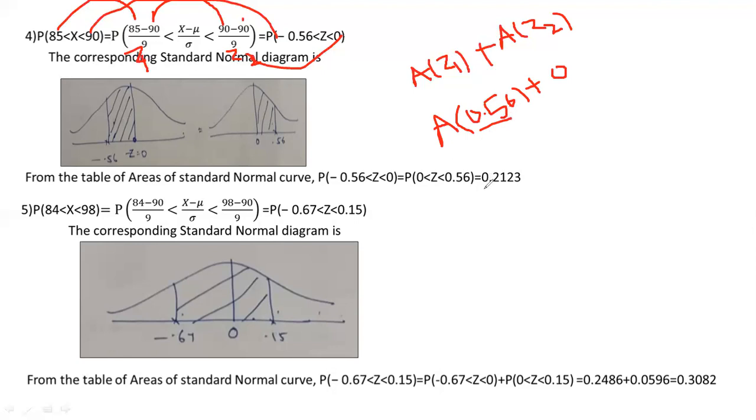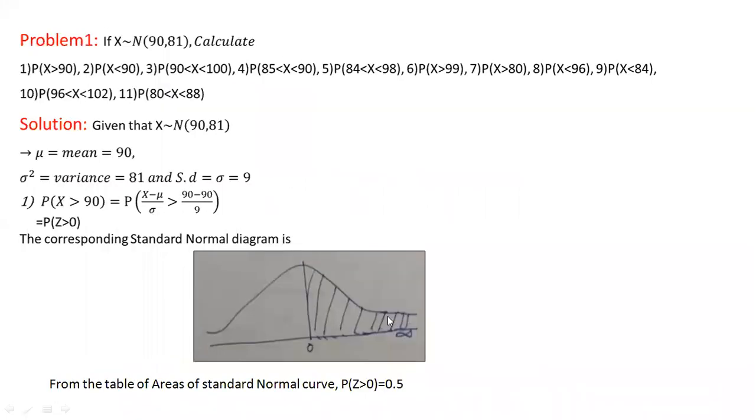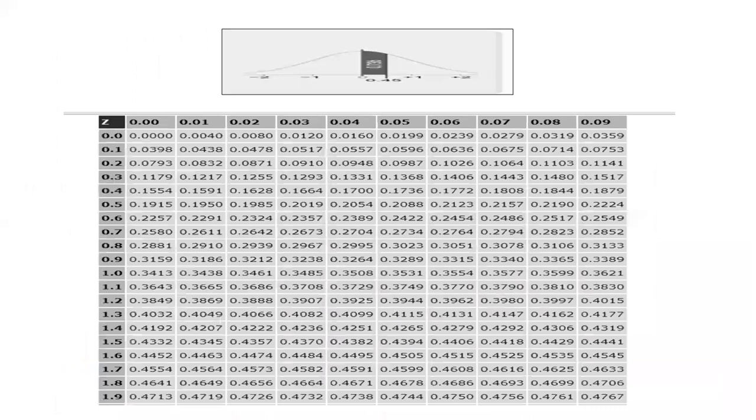The table value for 0.56 is 0.2123, that you can see here also. Here is 0.5 and here is 0.06. The coordinate value is 0.2123. So this is our solution for that respective problem. Everything we are taking from the table based on the area.